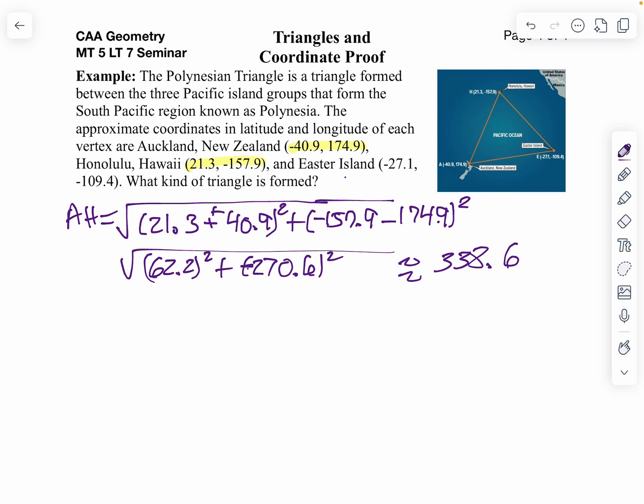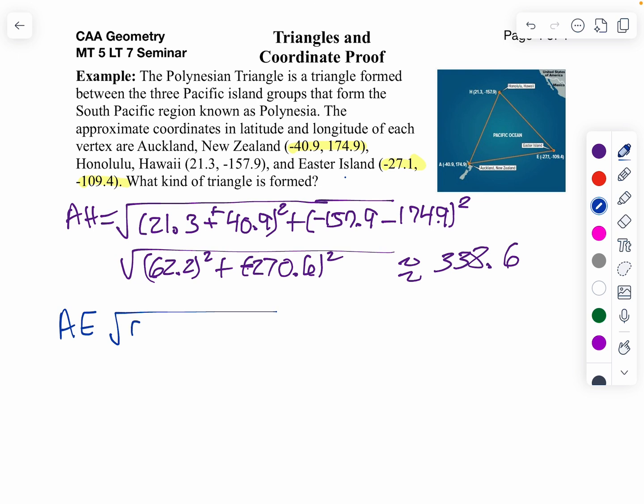Now, let's turn around and do Auckland to Easter Island. I noticed that the coordinates didn't work out very nice there. So I'm going to do Auckland to Easter Island, call that A to E. So I'm going to take negative 27.1 and I'm going to subtract 40.9, and I'll square that.